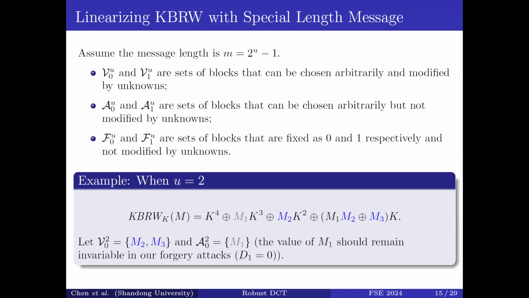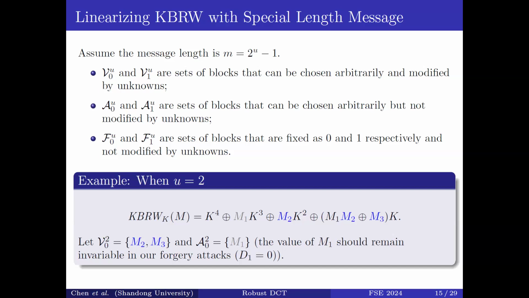First, the sets V0 and V1 are sets of blocks that can be chosen arbitrarily and modified by unknowns D1, D2, or Di. For example, when u is 2, the length of the message is 3, so we can let V0 be the set of M2 and M3, which means they can be modified by D2 and D3.